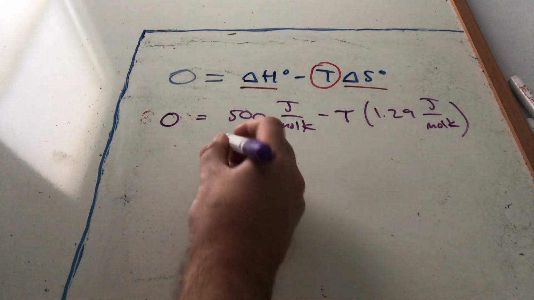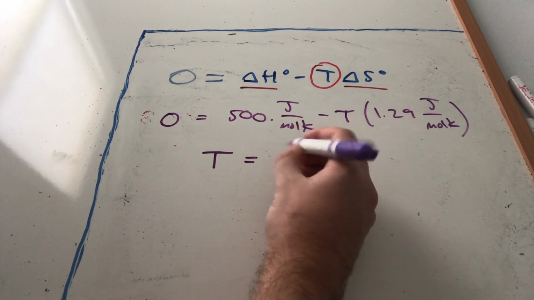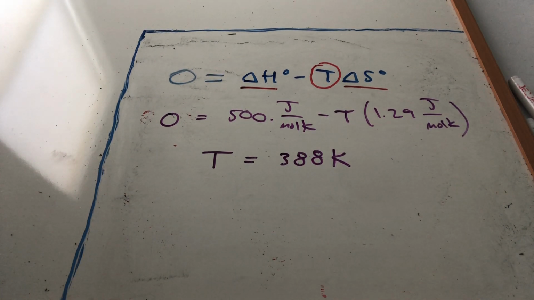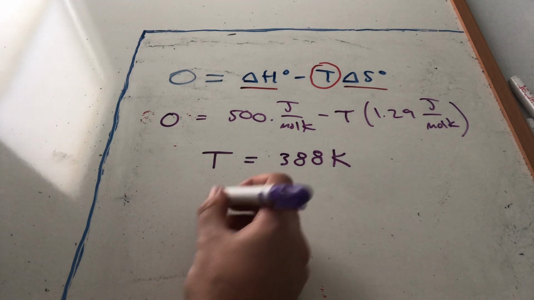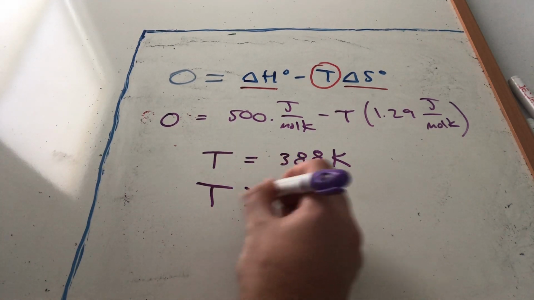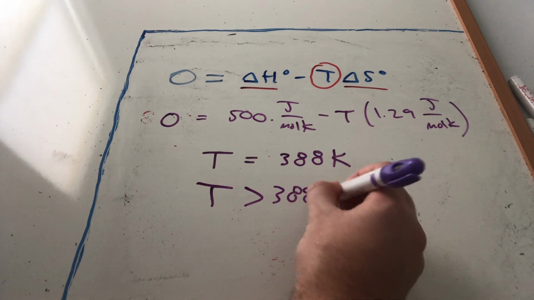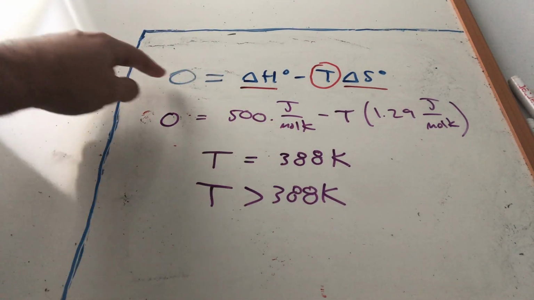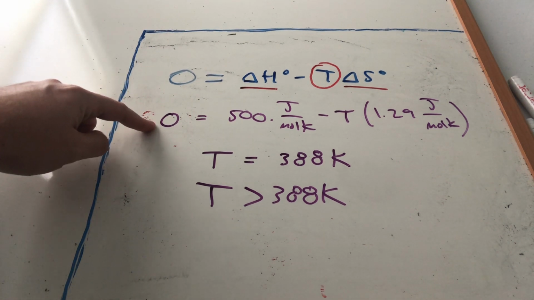When I do this math, I get a T that is 388 Kelvin. This is the temperature for equilibrium. So then my answer is any T greater than 388 Kelvin will produce a negative over here. 388 produces a 0.